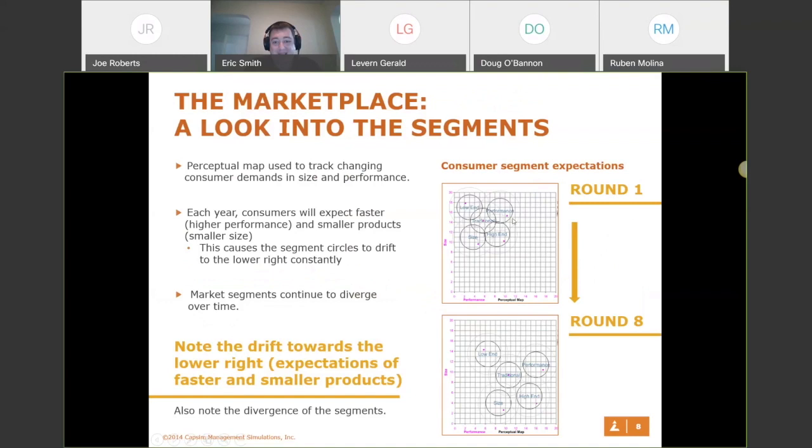We talked about how the markets are overlapping at the beginning of the simulation, and it's possible for your traditional product, for example, that market right in the middle, to make a few sales in some of the other segments it's overlapping with early in the game.